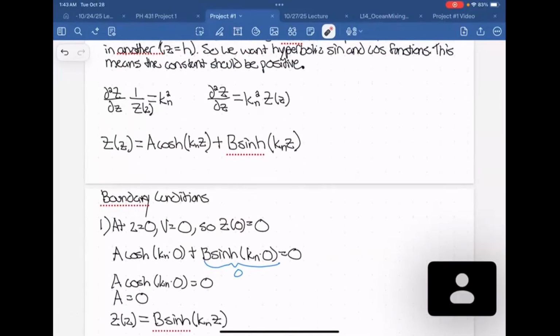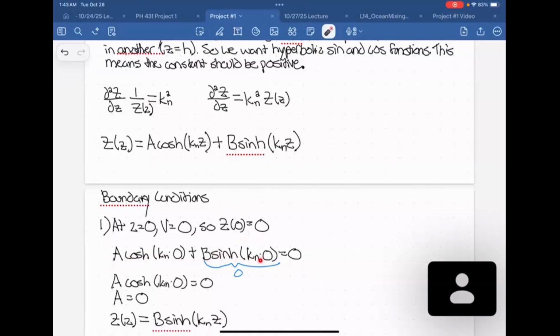So this time at z equals 0, the potential needs to equal 0. So if we plug 0 into the equation, we have a hyperbolic cosine of k sub n times 0 plus b hyperbolic sine of k sub n times 0. That all needs to equal 0.